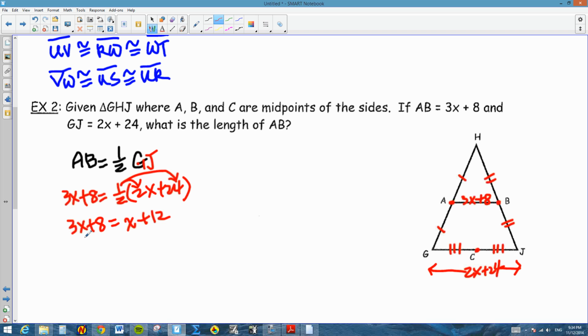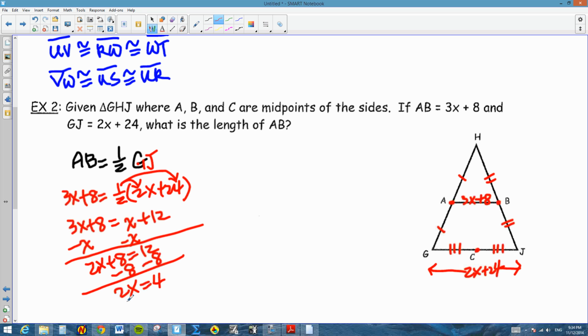So we move this to the other side. We subtract x from both sides. That gives us 2x plus 8 equals 12. And minus 8, you get 2x equals 4. Divide by 2, x equals 2. So you have x equals 2, but you are not looking for x. You're looking for the length of AB.